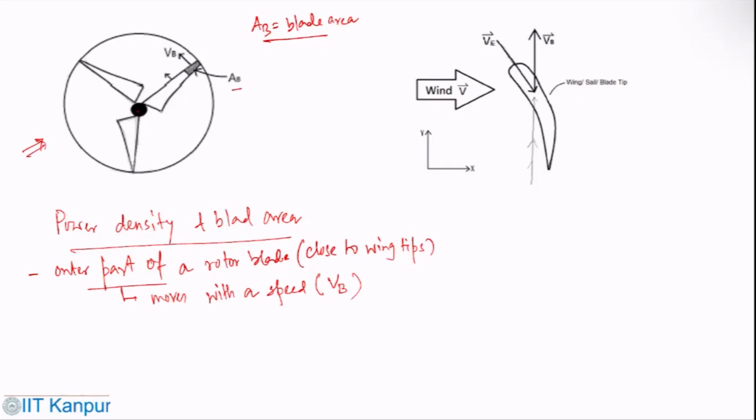You see, this is the area, this is the speed of the outer part. So this moves with the speed VB in crosswind direction.